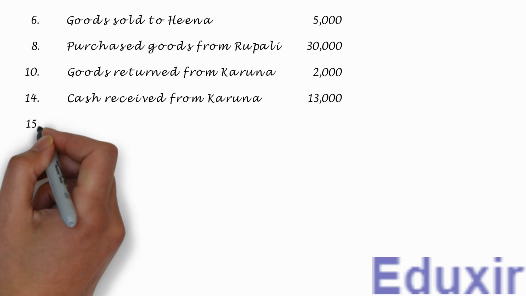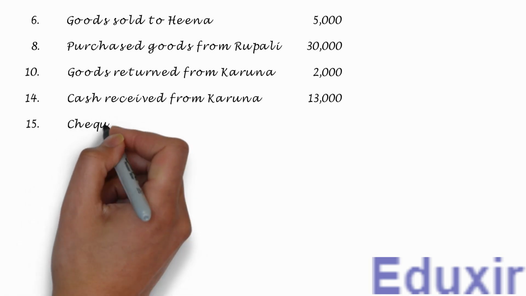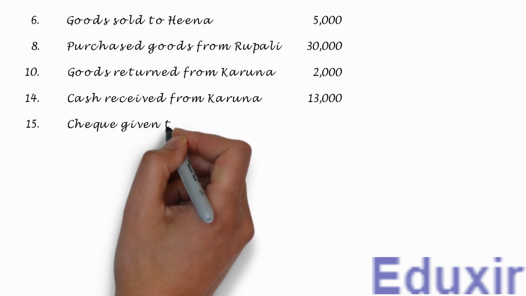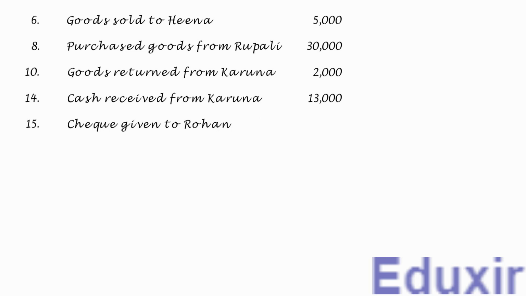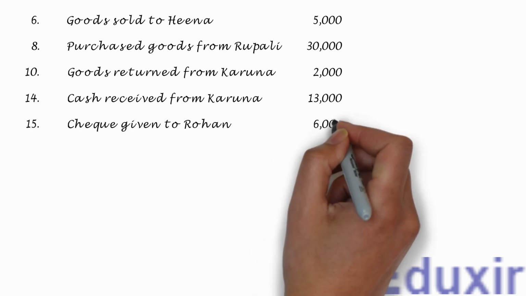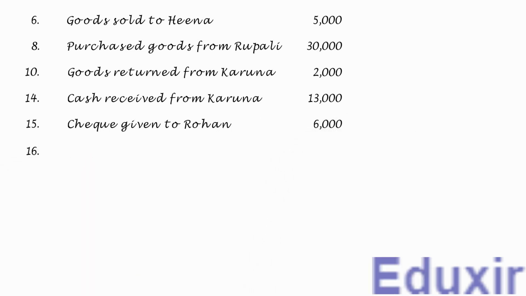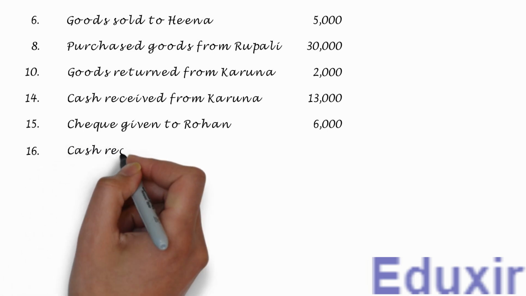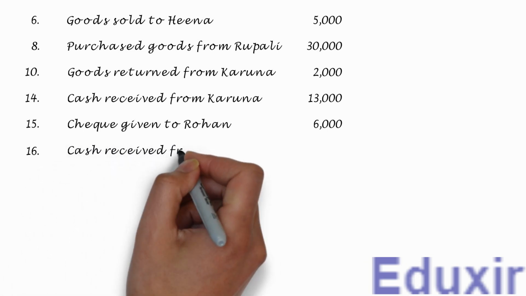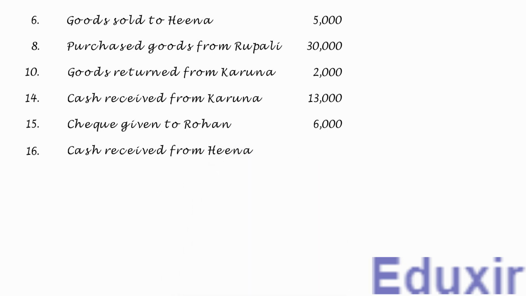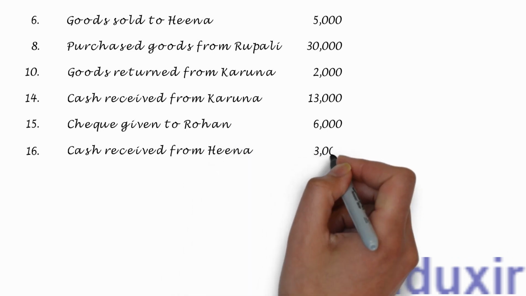On 15th January, check given to Rohan 6,000 rupees. On 16th January, cash received from Hina 3,000 rupees.